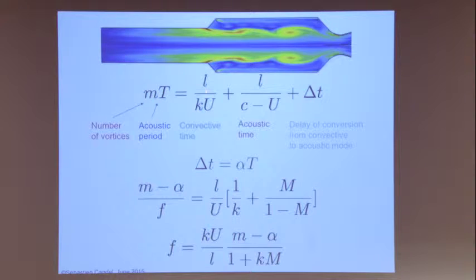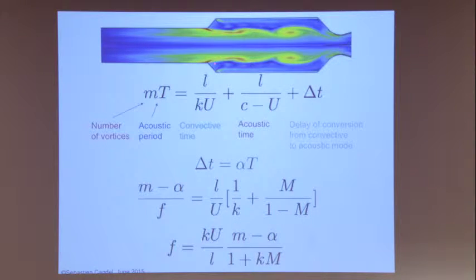And what you have here is that you have to do this distance at a certain convective velocity. So m times the number of vortices is here, the period is here, and here you have the time corresponding to convection of the vorticity to this nozzle to cover this length. Then you have an acoustic time to go back here, and it is much shorter, in fact.